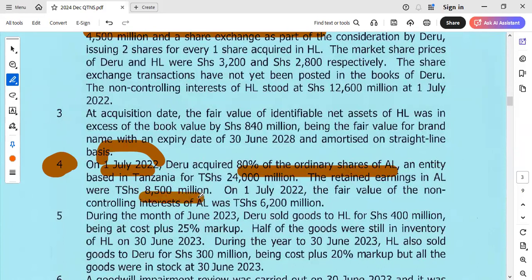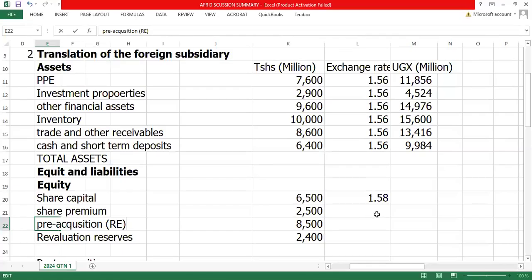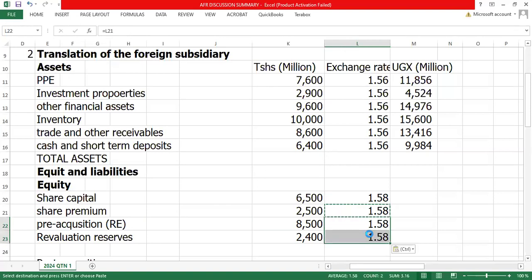Are you seeing that? So don't make a mistake when you're translating, because you're translating based on the acquisition. As you translate this retained earning, you need to put the retained earning at acquisition date. The one given there is at reporting date, but we want the one at acquisition date. So that's how you handle it.